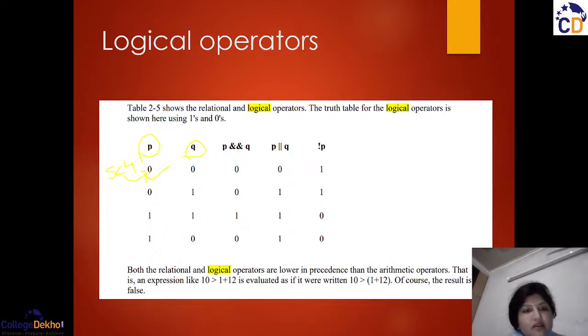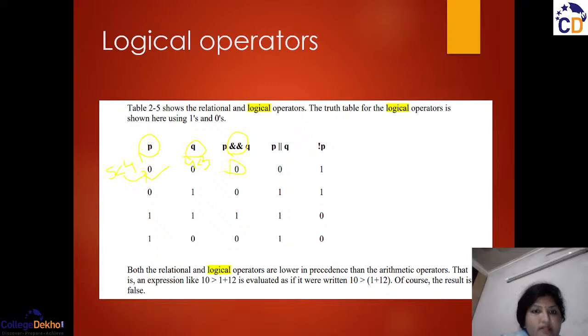And again, 4 is less than 3, also false. If both test expressions are false and you are getting 0 and 0, then with the AND operator, 0 0 means your answer would be 0.